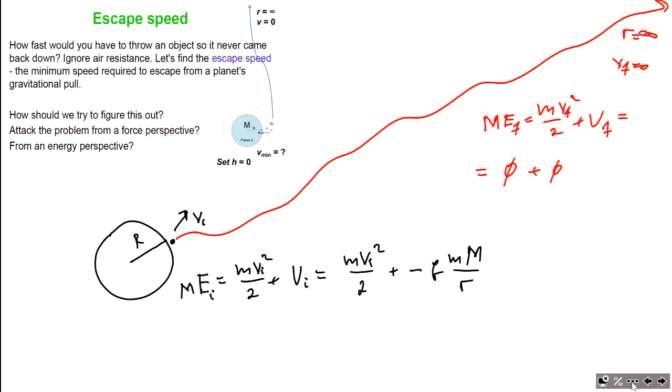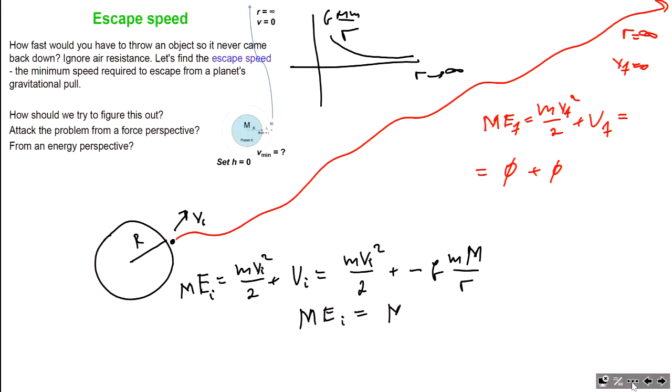And we can see this expression, G m M over r, should go to 0 eventually when the radius increases. Eventually, potential energy reaches 0. Why? Because we chose potential energy at infinity to be 0. Now we say no friction, of course, so mechanical energy before and after is conserved.